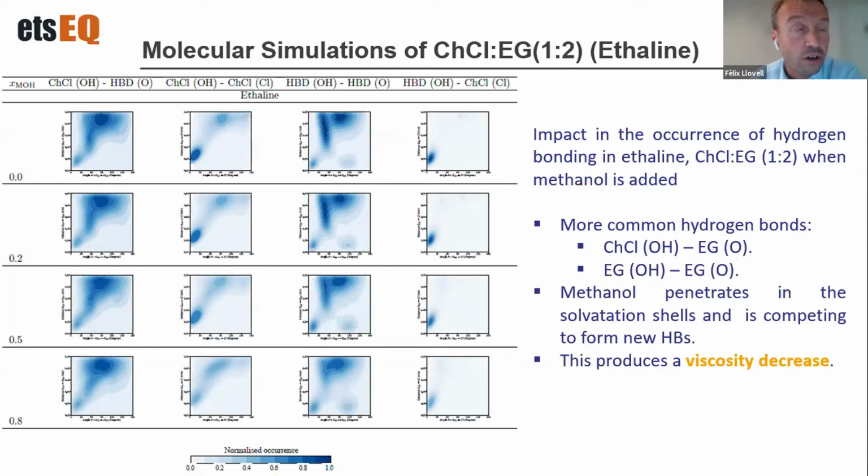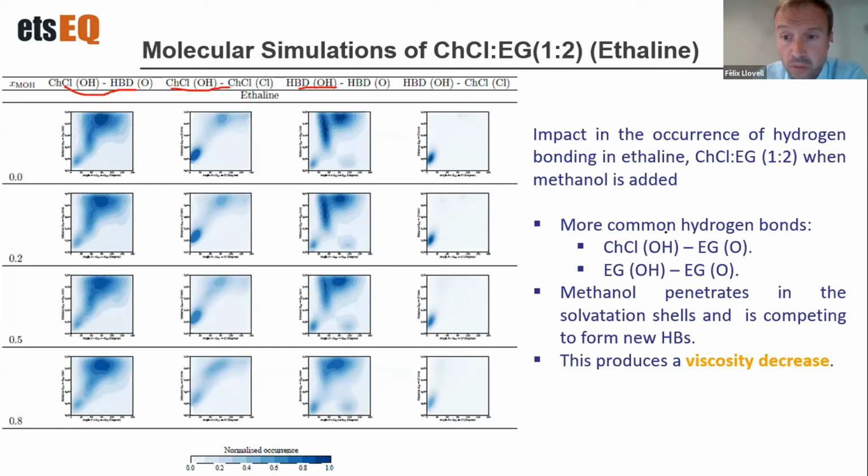How the impact of an alcohol was affecting the DES, in order to see how it would affect in the case of a solvent. Here you can see different figures where the blue area represents the normalized occurrence of a bond. And here you can see the main identified bonds.